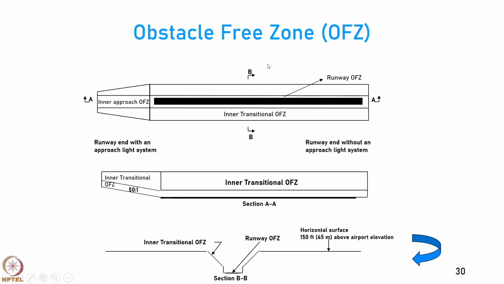If you take a cross section along the lateral runway, you will see that this zone 150 feet above the ground is the inner transitional OFZ, and then you have the runway OFZ centered on the runway, and this is the runway. So, this whole area is called the obstacle free zone. We should not have any obstacles there.